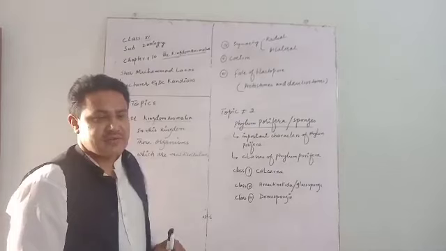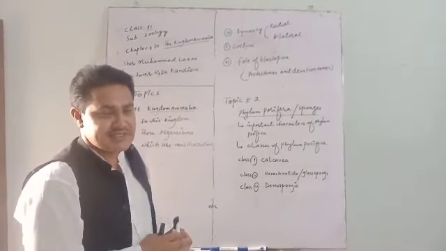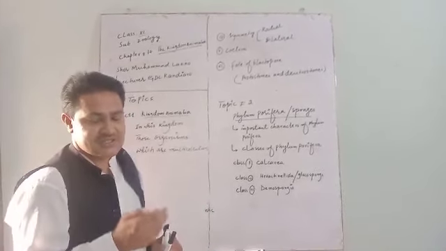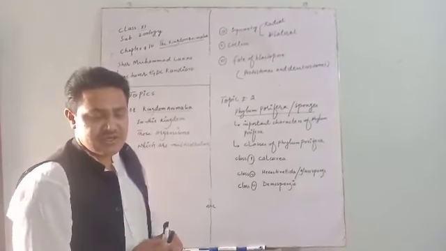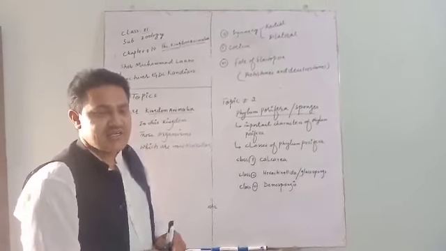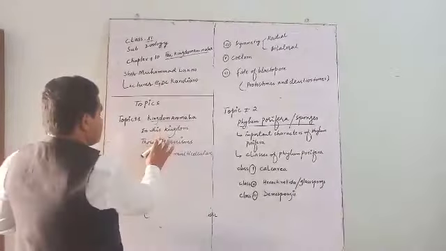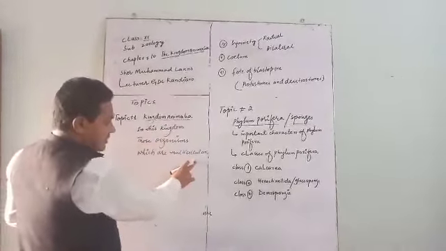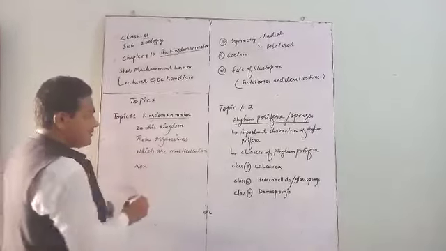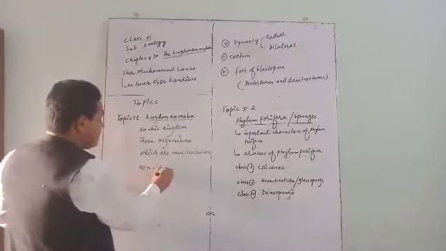Some organisms are made up of one cell, some are made up of many cells, or more than one cell. Those whose body consists of one cell are called unicellular, and those whose body is made up of many cells are called multicellular organisms. Now, in this kingdom, multicellular organisms are included. They have no chlorophyll, meaning they cannot prepare their own food. Non-chlorophyllous.